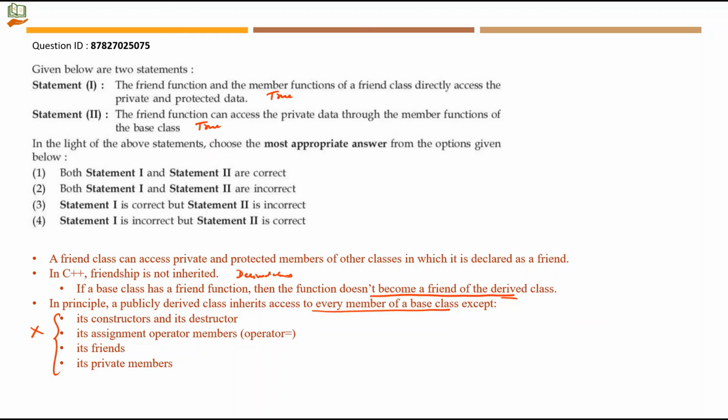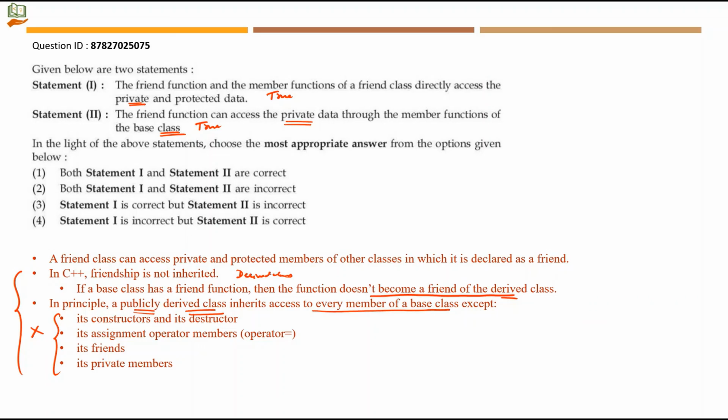Usually friend function and friend class member functions can access private data, which means if I have a friend function in the base class, I can access the private data. These statements are with respect to derived class. This particular friend concept is not inherited. That's what they have given. Friendship is not inherited. The explanation is for derived class, but the statement is about the base class.